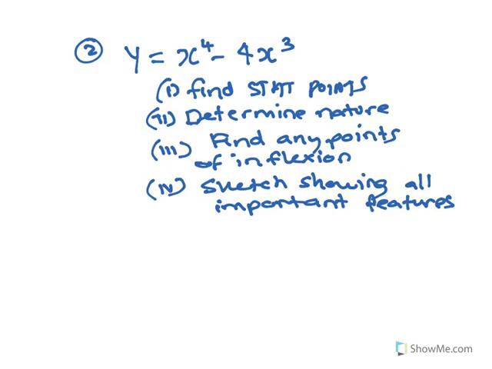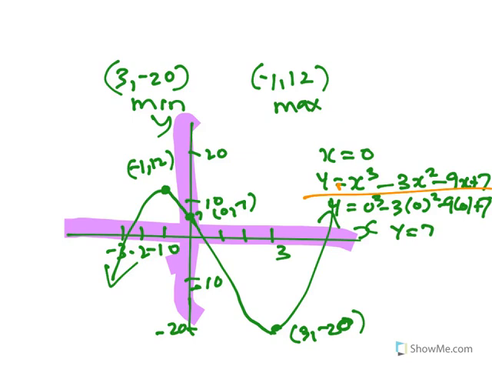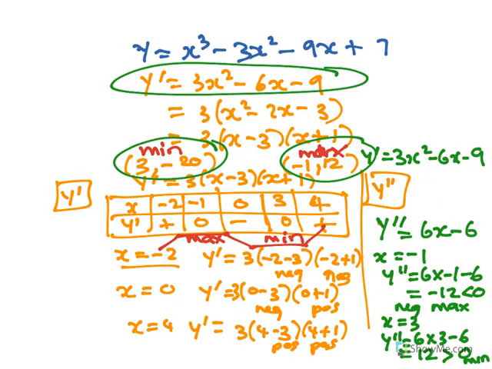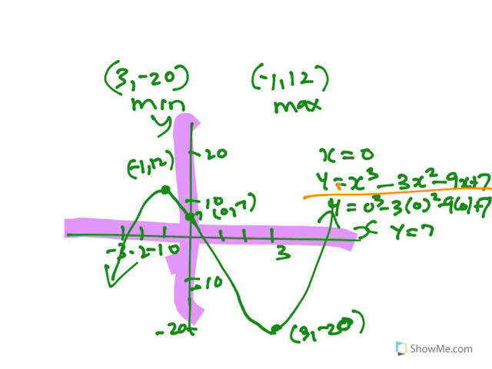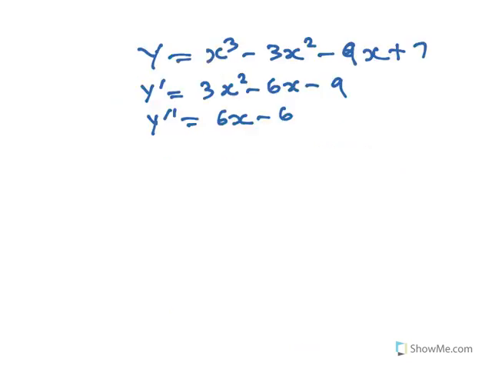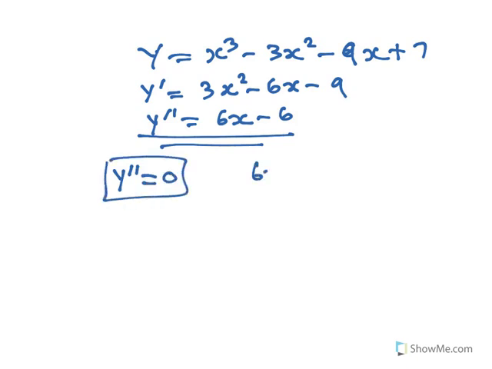Okay, so let's look at another example. Okay, sorry, we now need to find any points of inflection. Okay, so with the points of inflection, the points of inflection occur when y double dash equals 0.